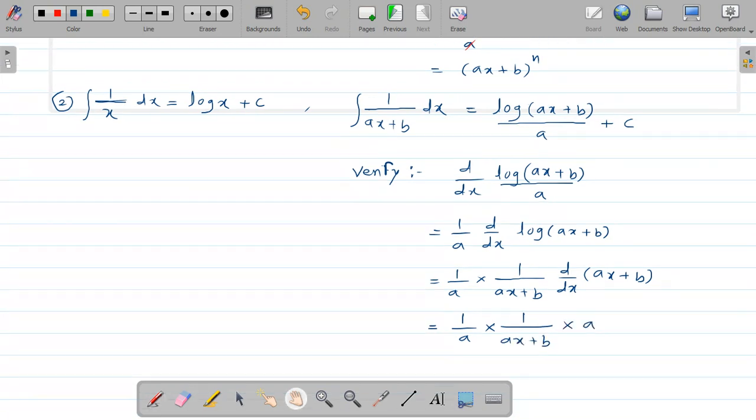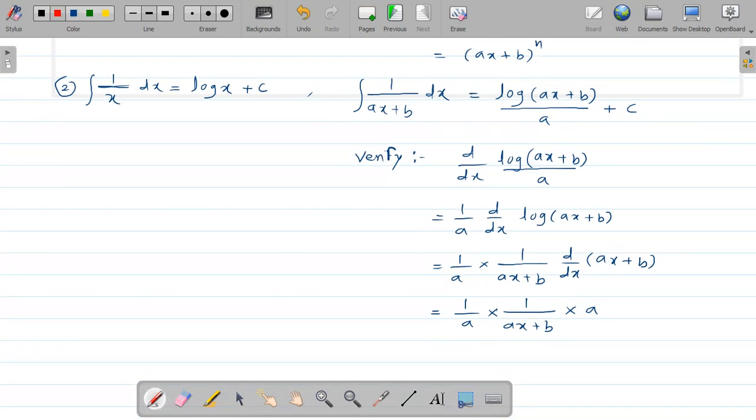And here a and a will get cancelled, and hence you will get only the term that is 1 upon ax plus b. Now if you observe this, derivative of log of ax plus b upon a is 1 upon ax plus b. So the integration of 1 upon ax plus b dx is equal to log of ax plus b upon a.